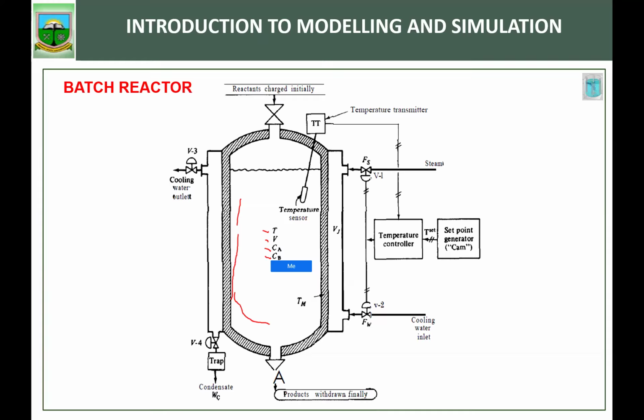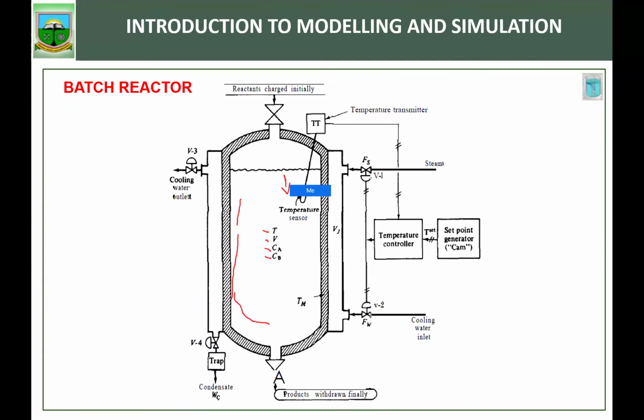It depends on the reaction that is taking place in the reactor. With this reactor, we are looking at a reactor that has two different species, where one will be depleting and one will be forming inside the reactor. And you can see a temperature sensor here.